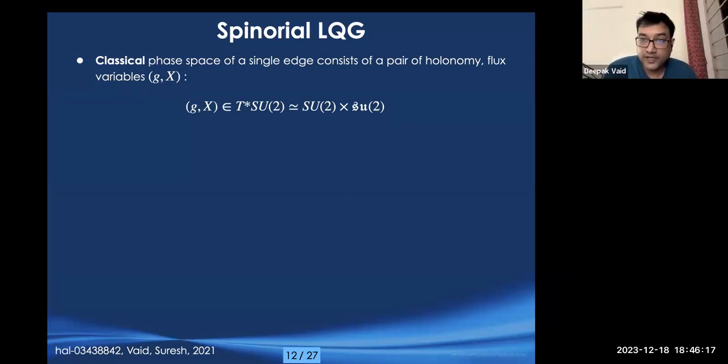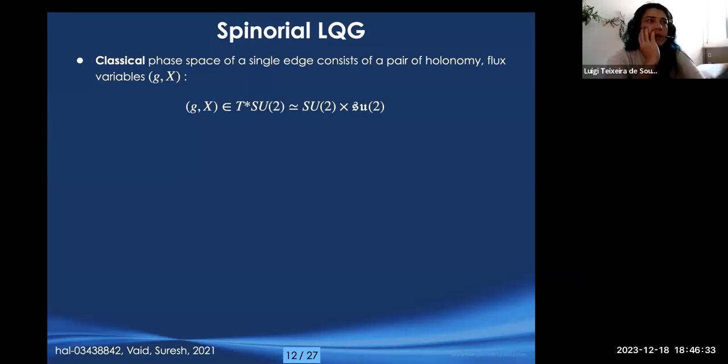If you take the group SU2 and ask what the tangent space of SU2 at any point is, the tangent space is the Lie algebra, the derivation on the group. Usually the algebra is defined at the identity, but since it's a left invariant vector field, you can parallel transport.